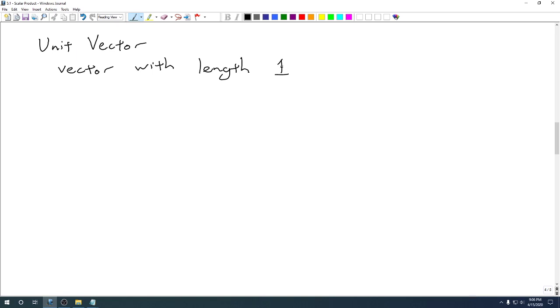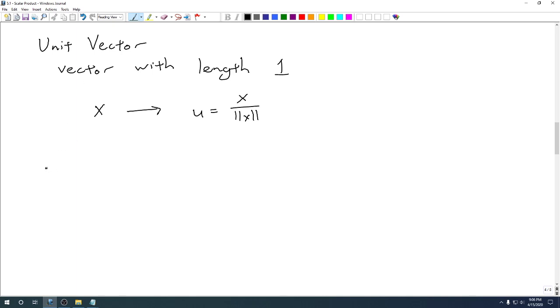Whether we want to call that length or magnitude is up to you, but that's what we mean by a unit vector. Any vector can actually be turned into a unit vector. If we start with a vector x, we can turn that into a unit vector by defining a new vector where we just divide x by its length. Its length is a number. We can just divide each of the components of x by this number, and we get a unit vector.